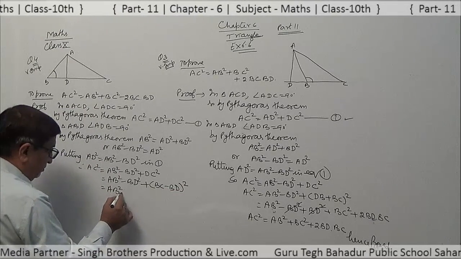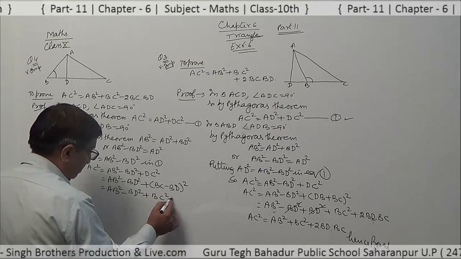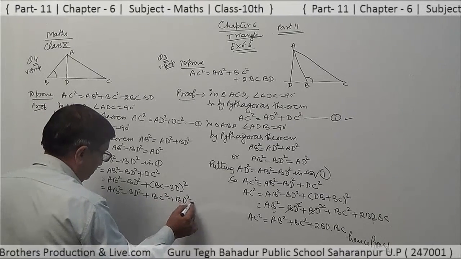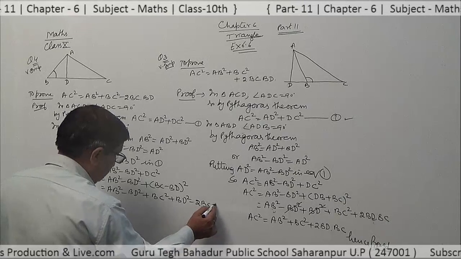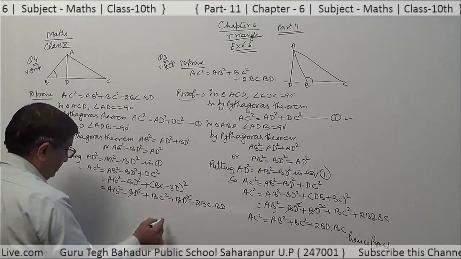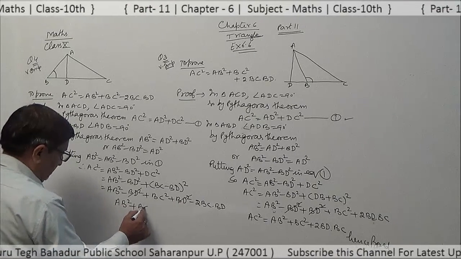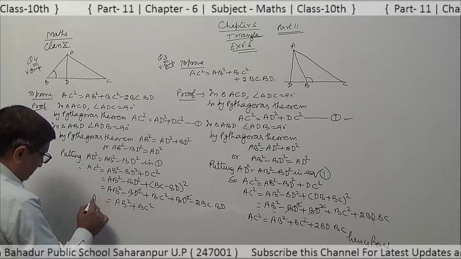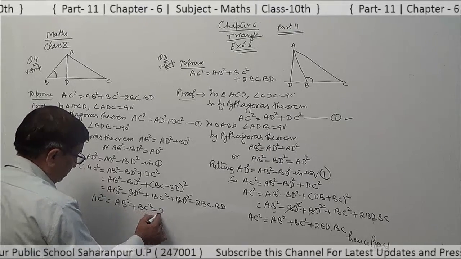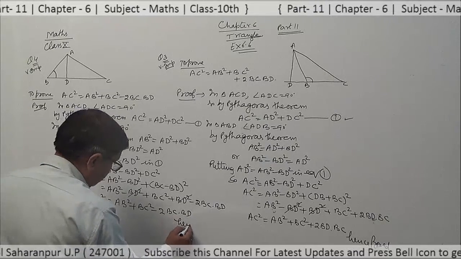AB square minus BD square plus BC square plus BD square minus 2BC into BD. This BD square cancels. So it is AB square plus BC square minus 2BC into BD. Hence proved.